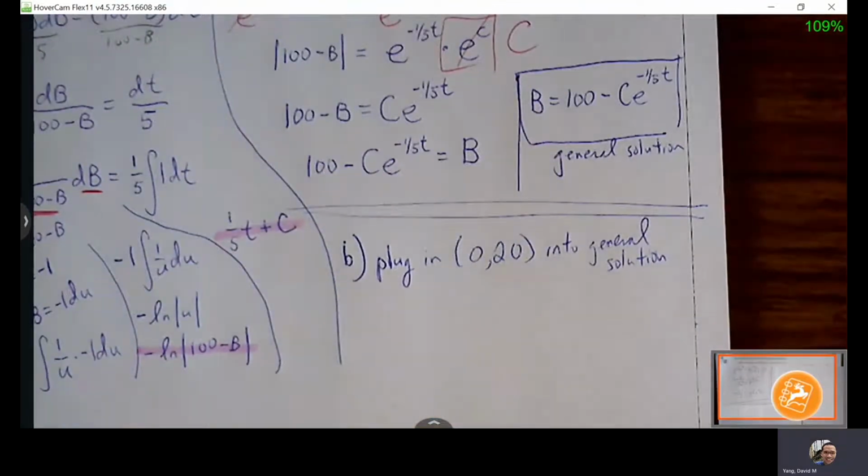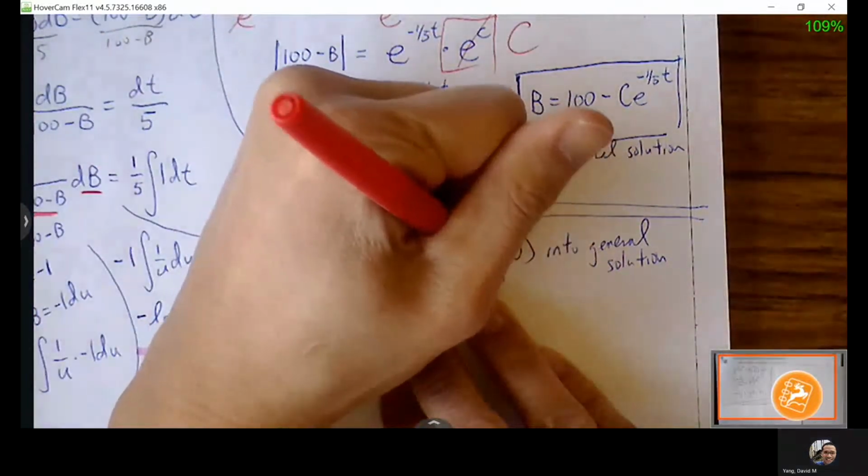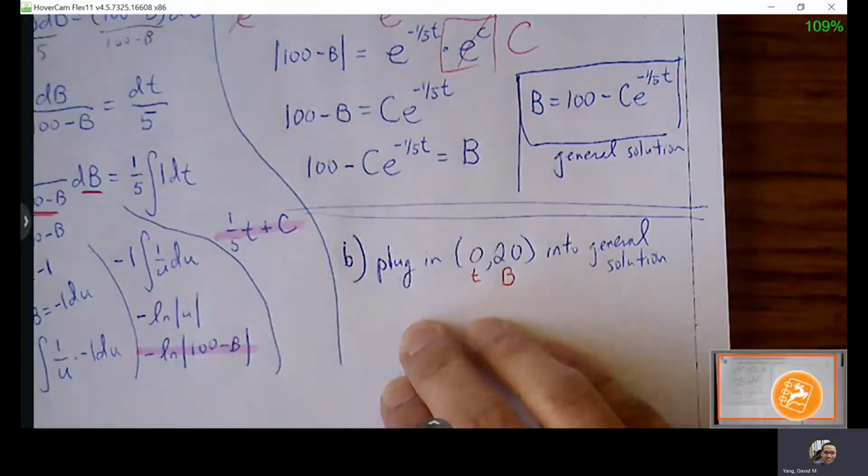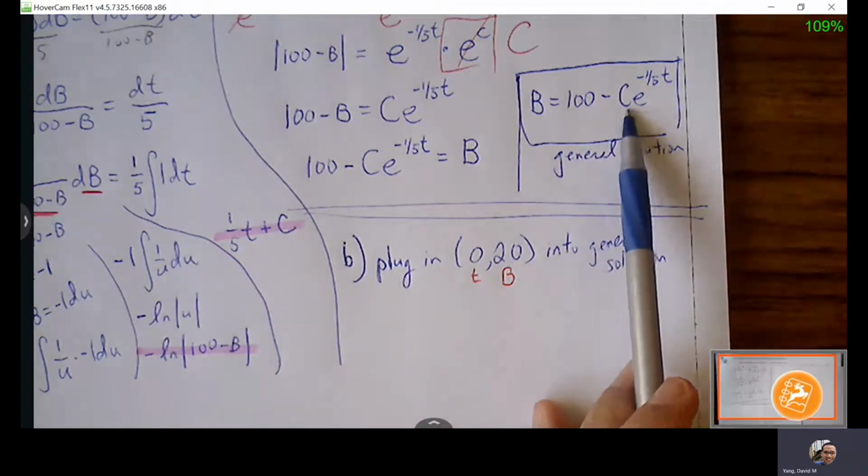Okay, now instead of x and y, we're dealing with t and b. So 0 is your t and 20 is your b. Okay, so we're going to insert them in. The whole purpose of this is so that we can get that c updated to be a numeric value.